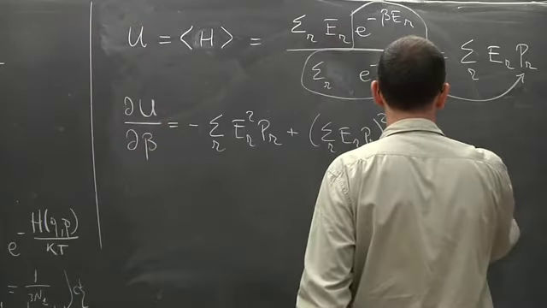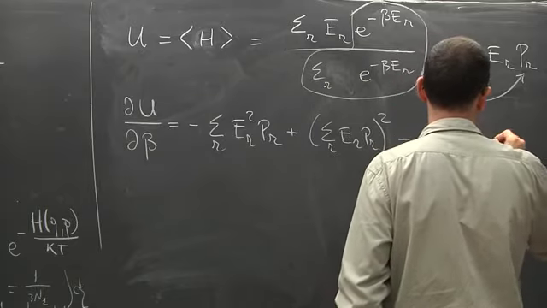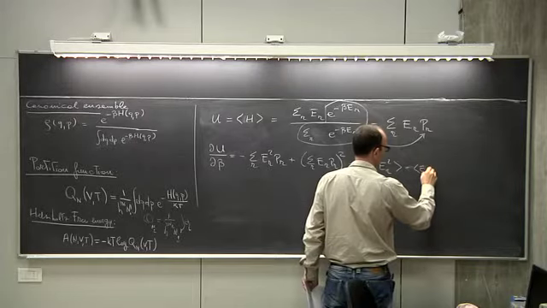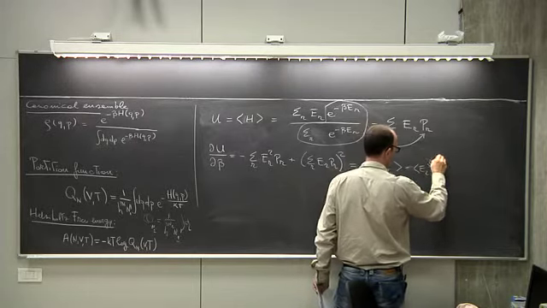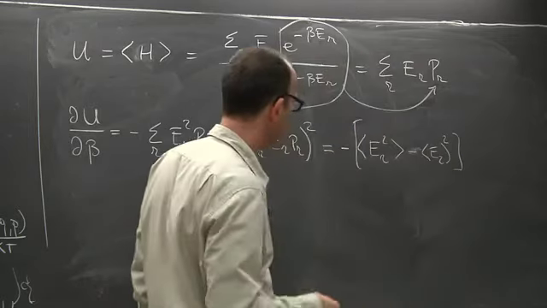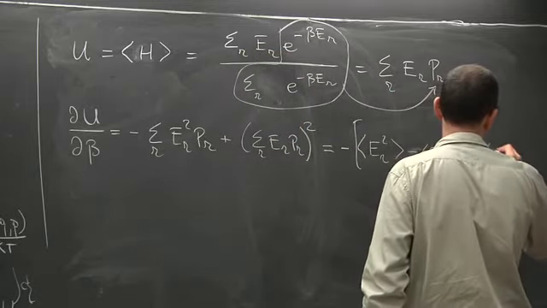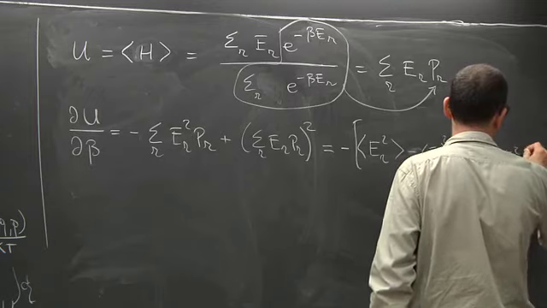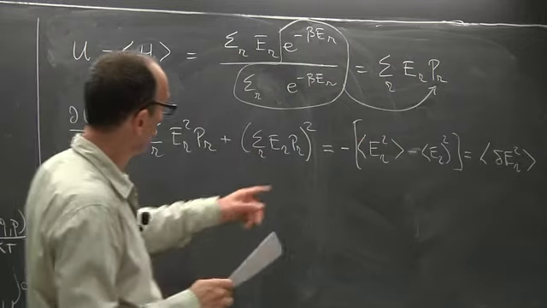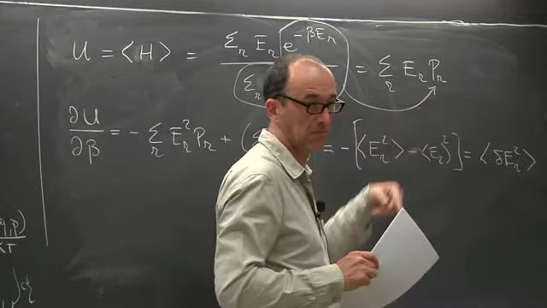So this is minus the average of the energy squared minus the square of the average energy, which you can write as the average of the square fluctuations of the energy. But this average is the average over this probability distribution here, okay?